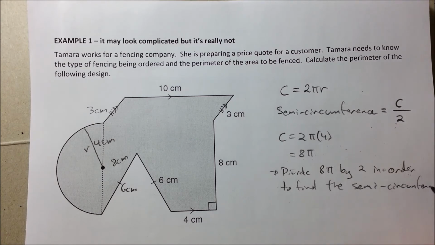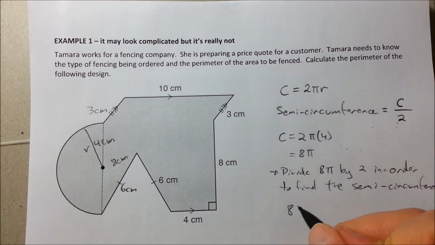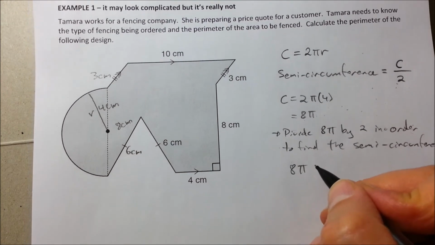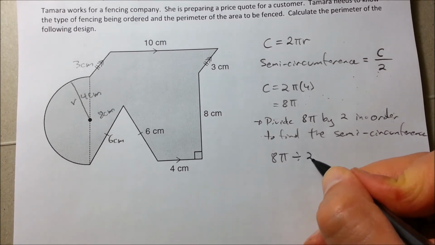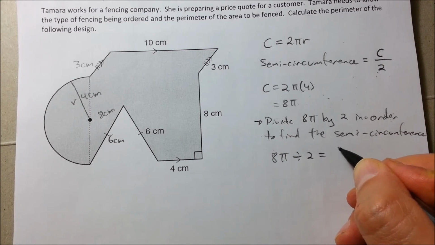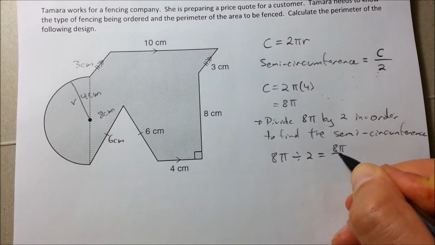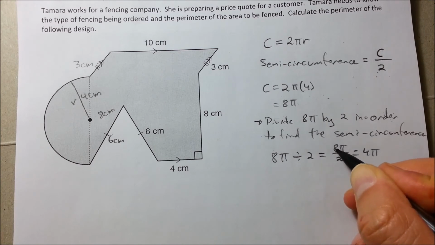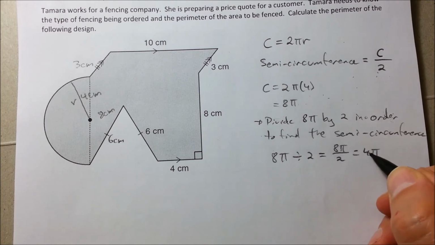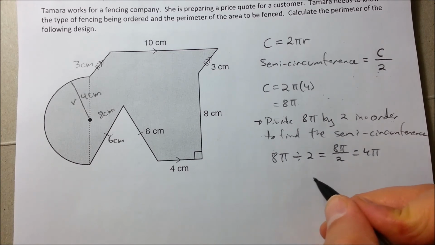Okay, so 8 pi divided by 2 gives us 4 pi, because 8 divided by 2 gives us 4. So what is 4 pi equal to?